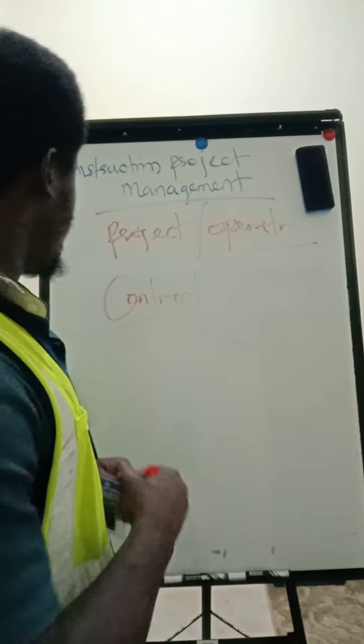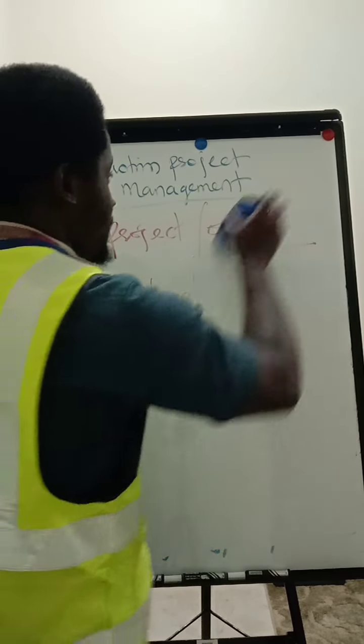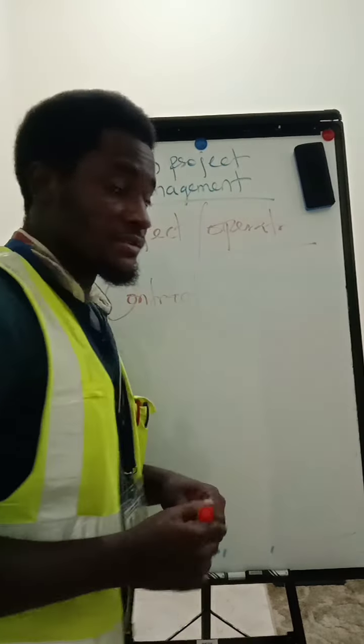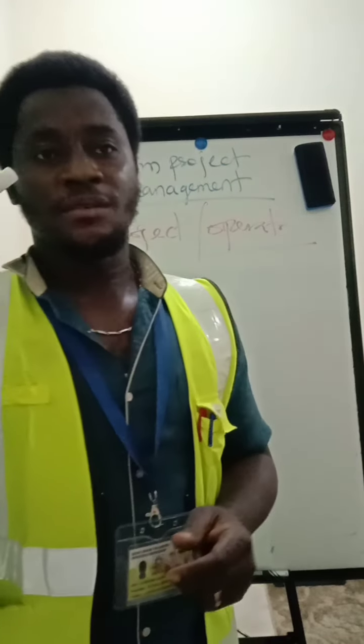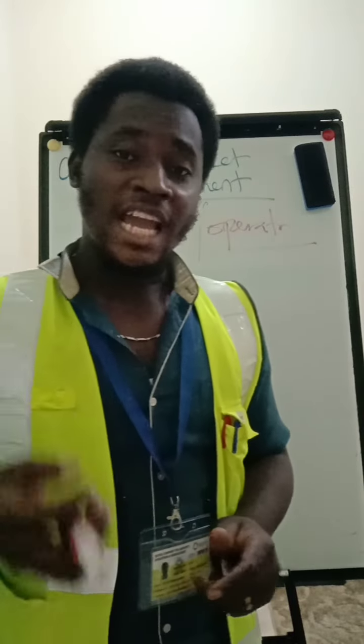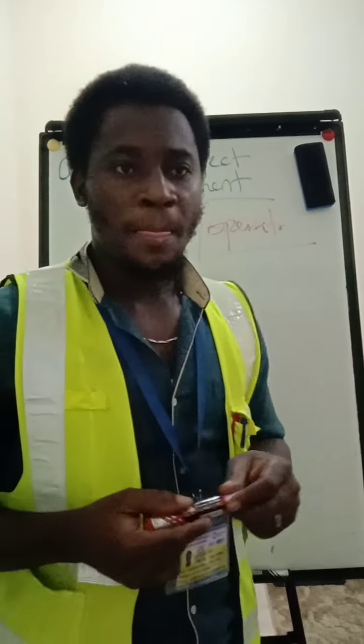There are different kinds of contract, and I will give just a few. We have the lump sum contract, the cost plus contract, and the time and material contract when the scope is not known.